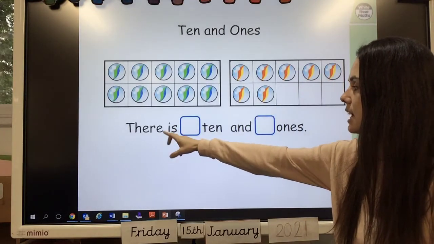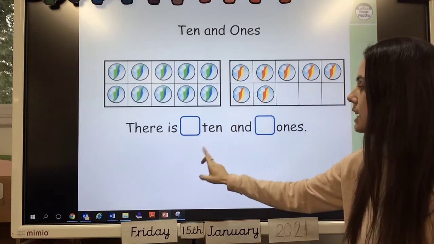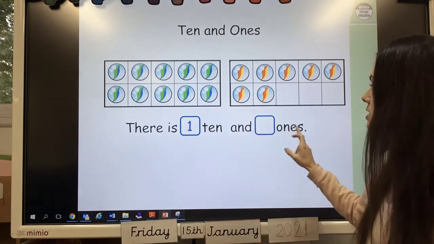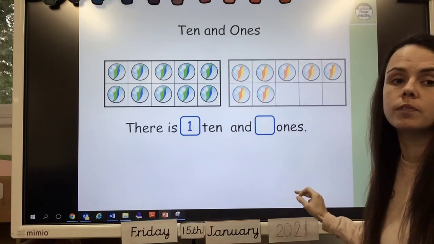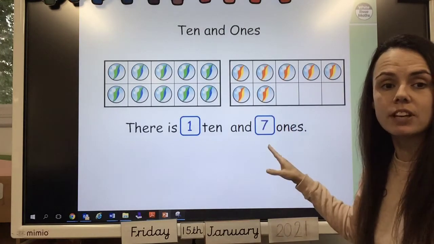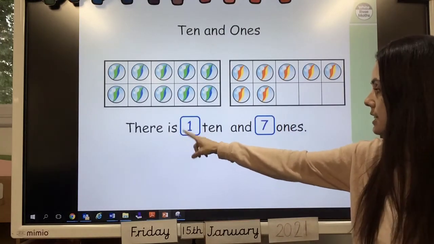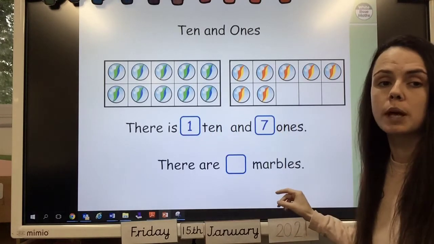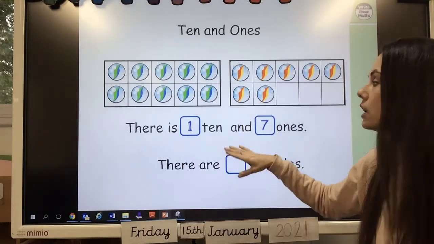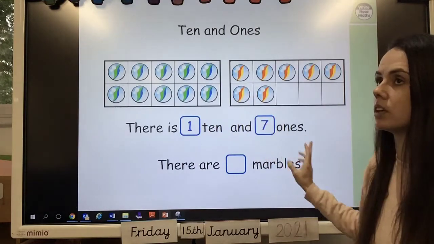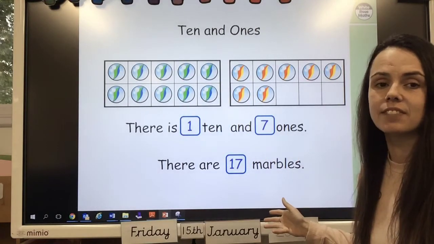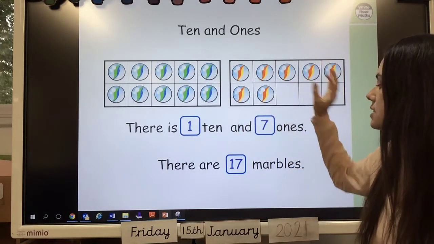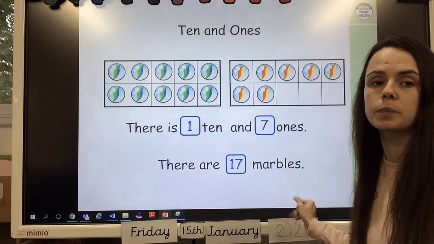So there's 1 ten, and on this side, how many ones have we got? 7. Fantastic. So there is 1 ten and 7 ones. So in total, there must be how many? 10 and a 7. 17. Fantastic. 1 ten and 7 ones make 17 marbles.